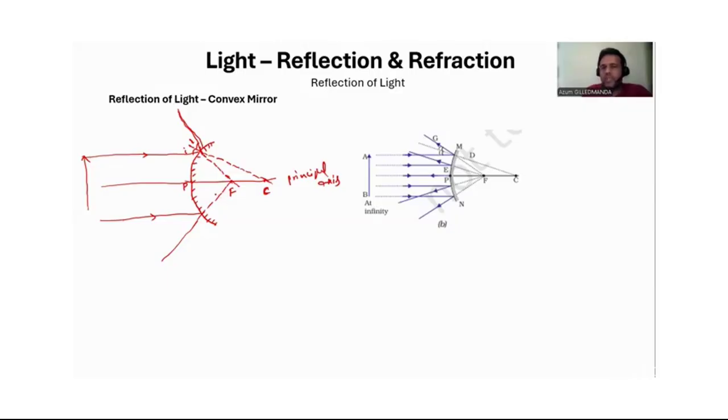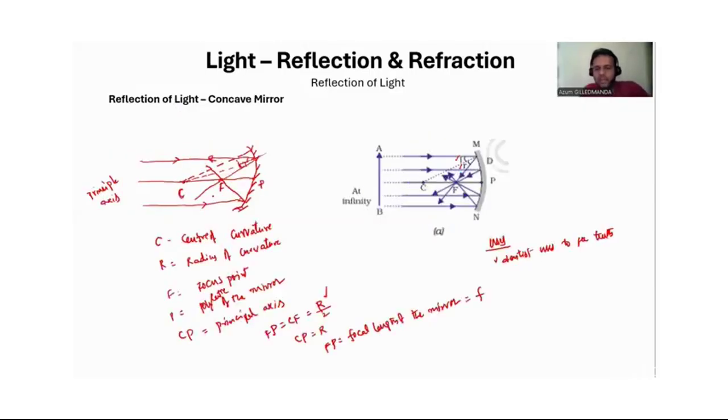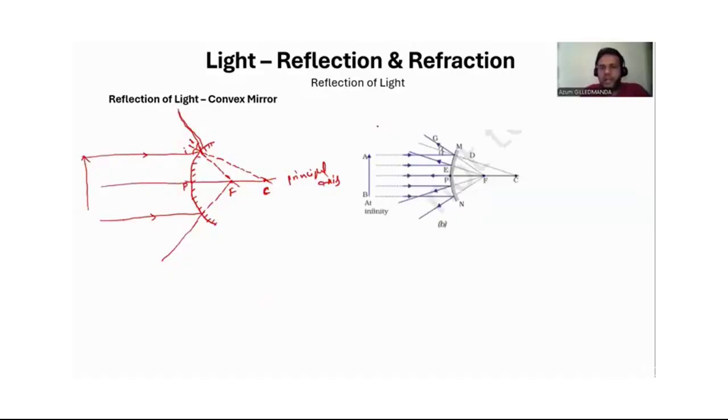Concave mirrors form real images, and convex mirrors form virtual images. Understood? So the convex mirror forms virtual images. Here also it is the same.